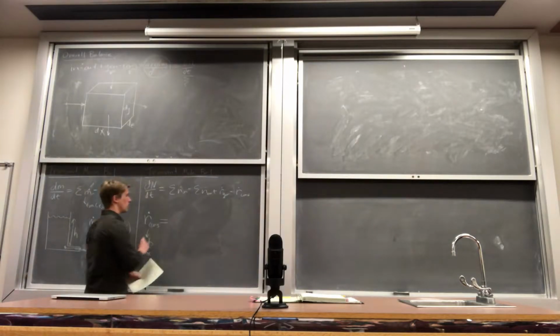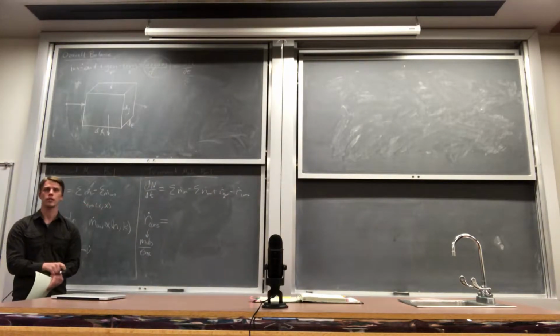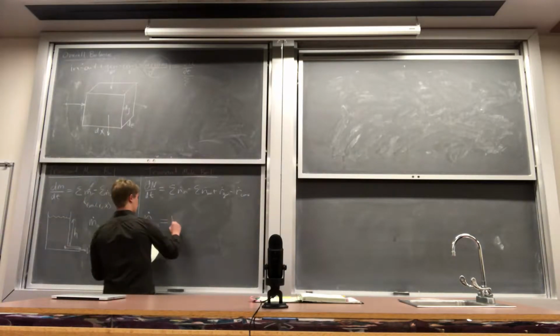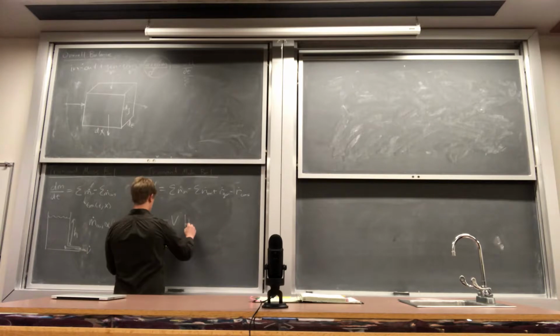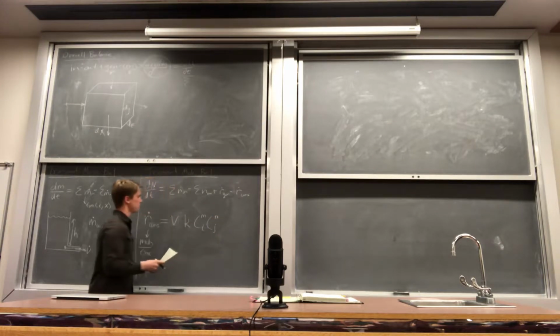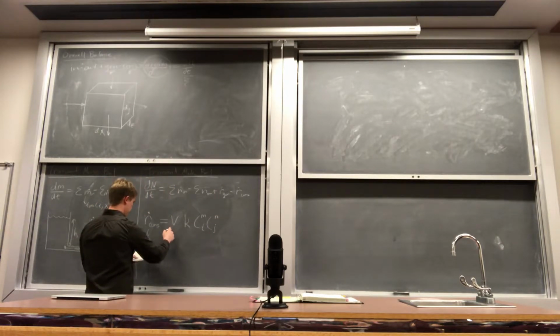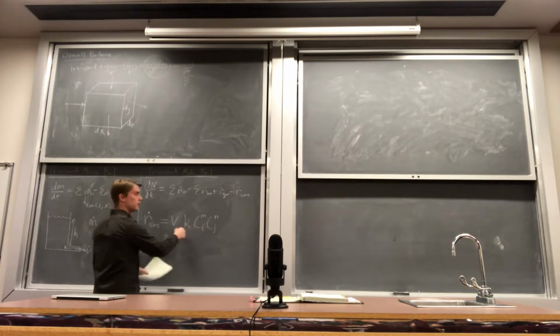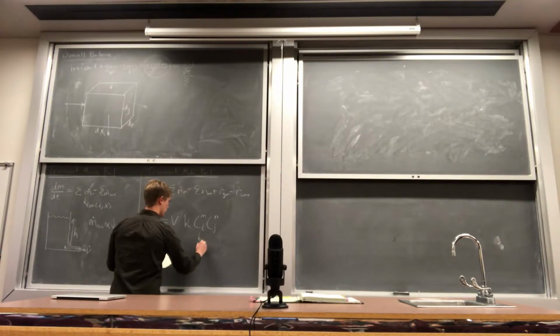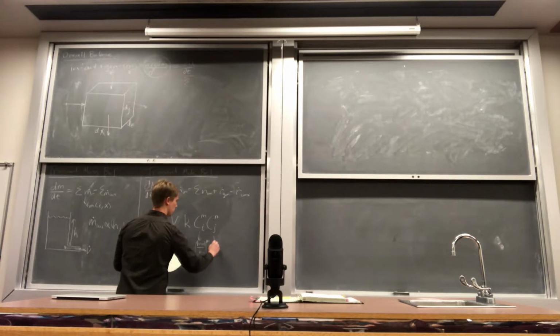But what makes this interesting and relevant to expand on in an entire class, your reactor design class, is this is going to be equal to V times some reaction constant and some rate law. V is the volume of the reactor, so it has units of volume. Your k is going to depend on your reaction rate, and your concentrations are going to be moles per volume raised to some power.